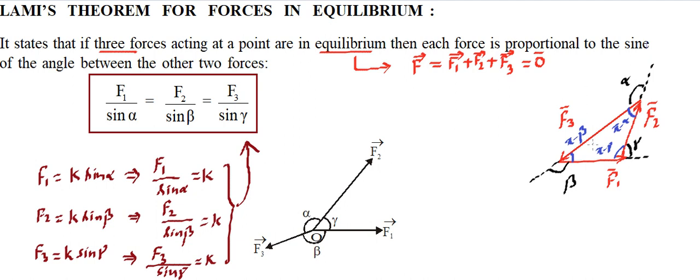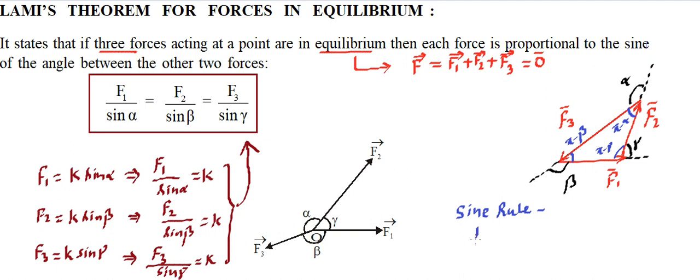Now in a triangle there is a rule called the sine rule. You must be learning it if you have not learned it by now. It says the ratio of a side and the corresponding opposite angle is constant for all the sides. So this side is f1 and its opposite angle is pi minus alpha.